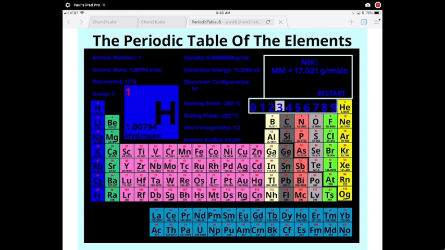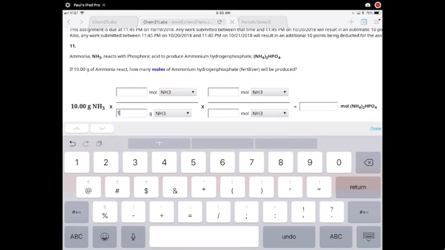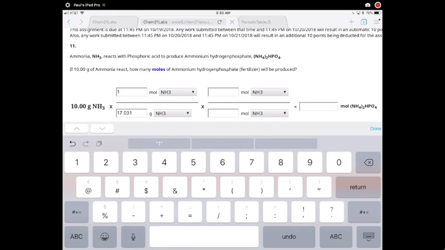Is that correct? No. I messed up. I did my calculations correctly. 1 mole is 17.031. Okay. So 17.031, and that is a what?